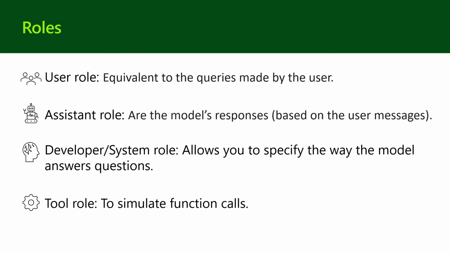And the fourth one is an interesting one, which is the tool role, to simulate function calls. What does that mean? These AI systems are very selective nowadays because of responsible AI.